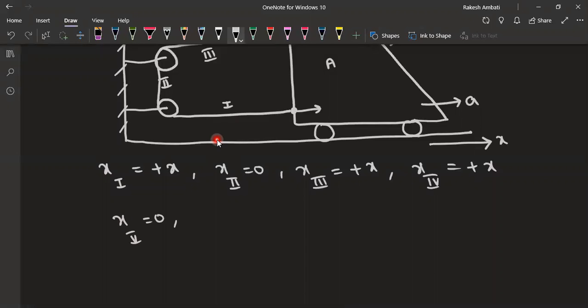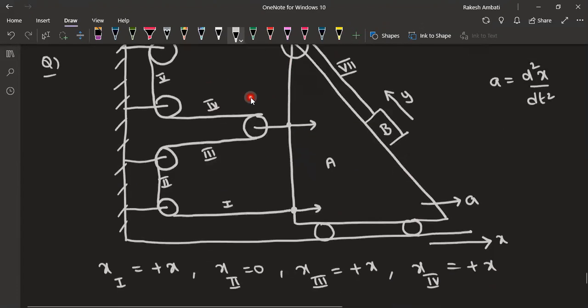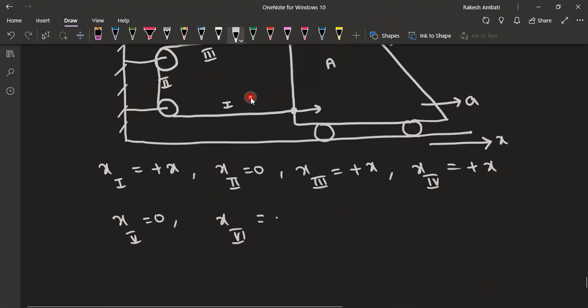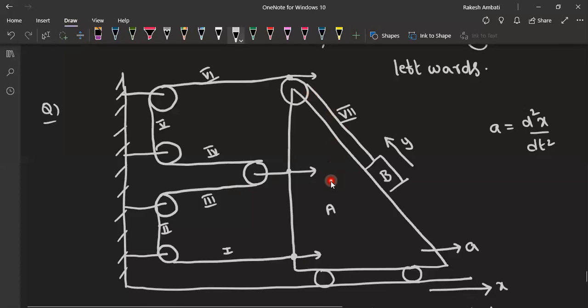Then in the sixth segment, as the wedge is in motion, this pulley also moves, so the sixth segment length increases by x, but the seventh segment length decreases by y.